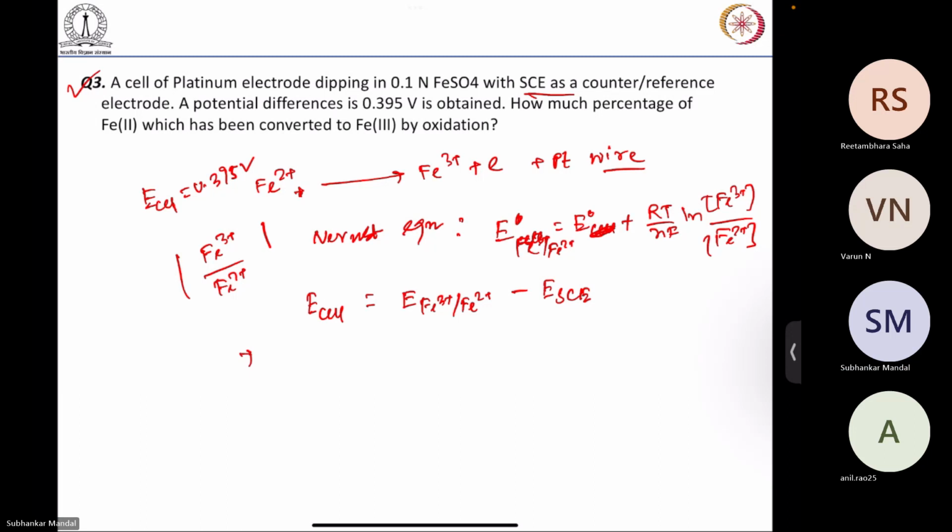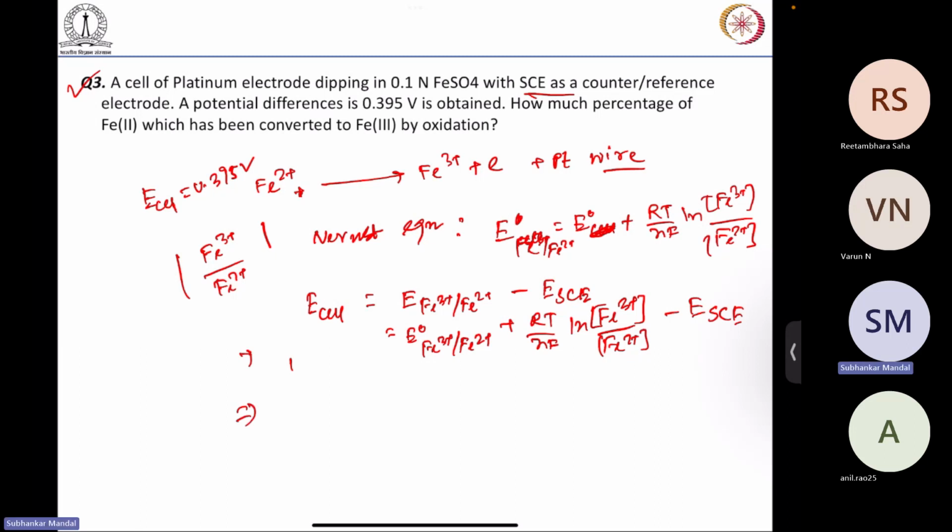So E cell is equal to E naught of Fe3 plus Fe2 plus, plus RT by nF ln of Fe3 plus divided by Fe2 plus, minus E of the saturated calomel electrode. Now I can keep this part and bring the other thing to this side.